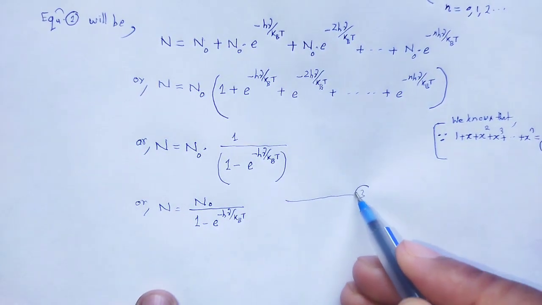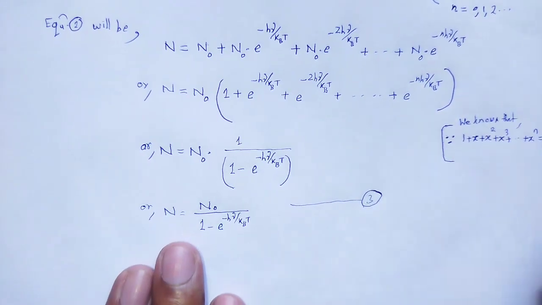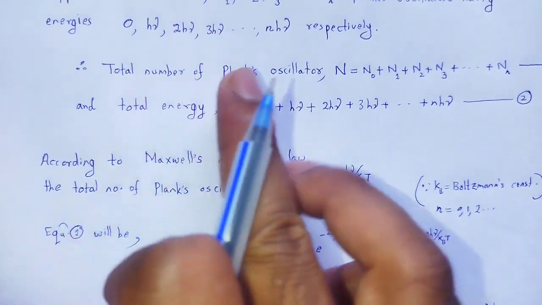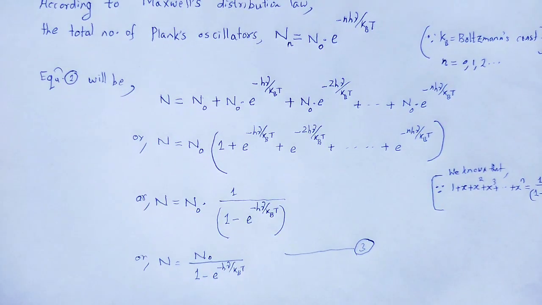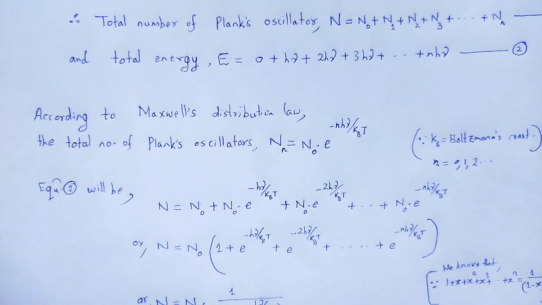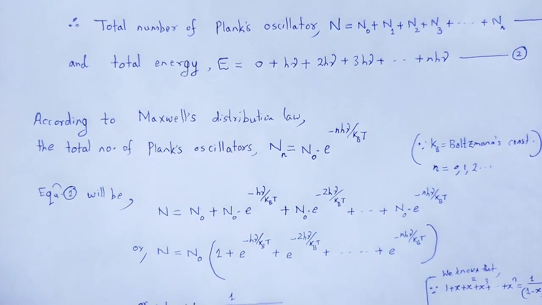That is equation number 3. Here the total number of such Planck's oscillators is calculated. Now we can calculate what will be the total energy of such oscillators.